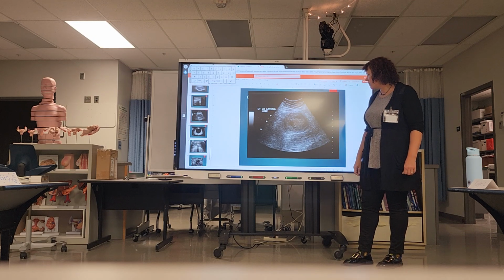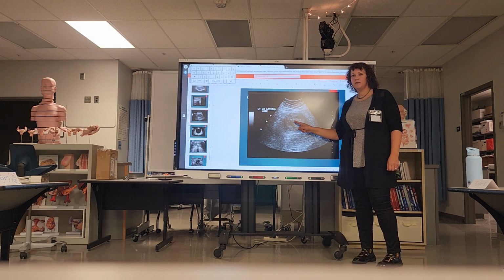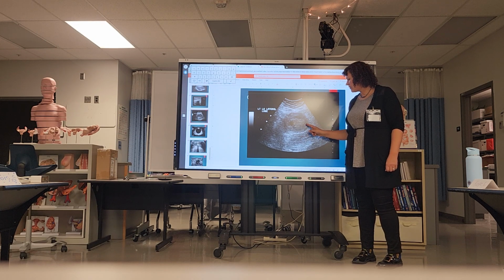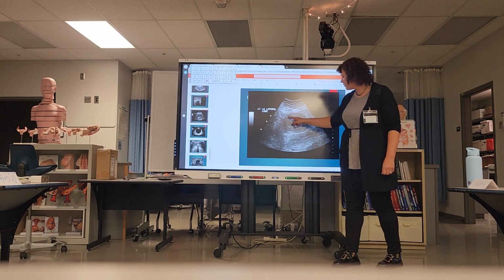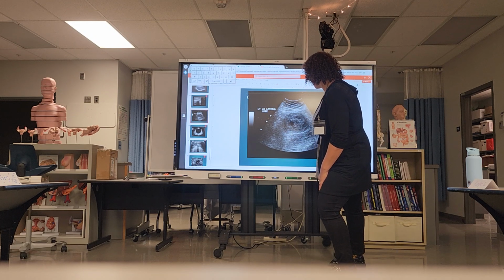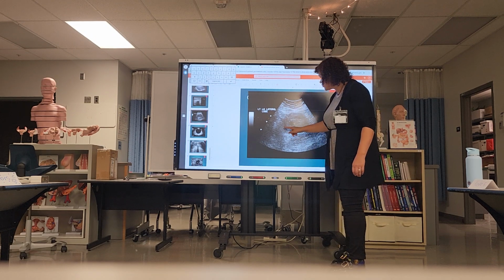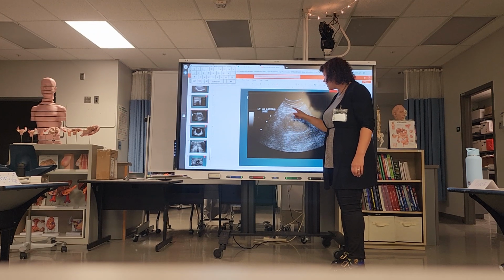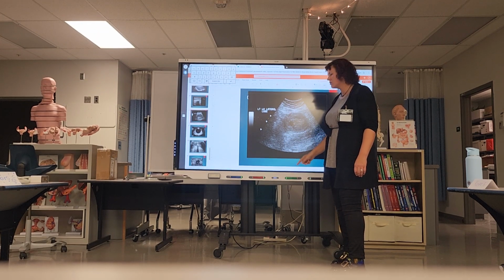Is this a solid or is it cystic? Solid, that's right. There is a cystic component, but it is well over 50% solid. And how can we tell that it's a solid? Is this shadowed here? No. This could be some edge shadowing, but it's not shadowing from anything pathologic.